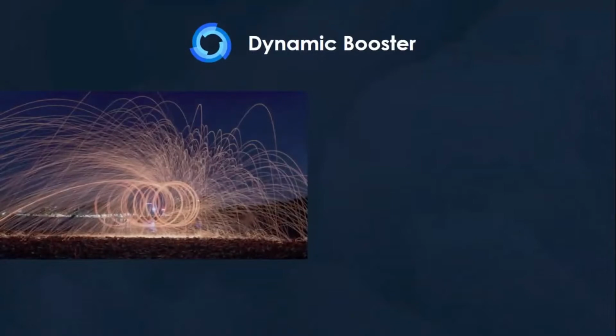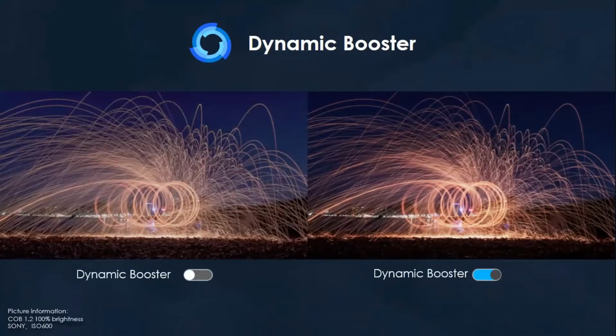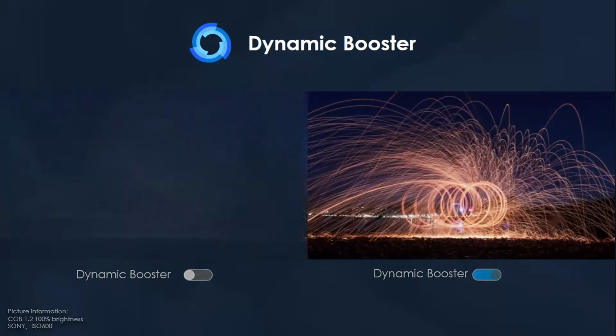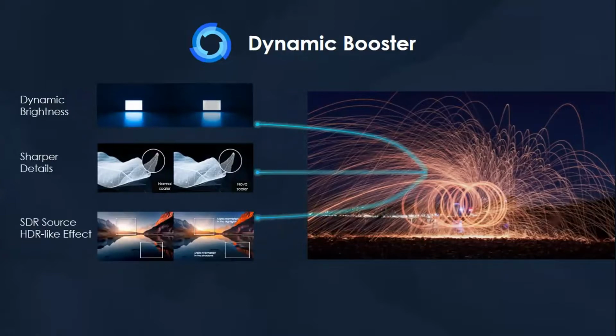Well, to help you understand this technology better, here are two real shots for comparison. The left one with the traditional solution, the right one with the dynamic booster engaged. As you can see, the right one shows much higher contrast and sharper details. With the dynamic booster, the brightness and details can be adjusted to the ideal level.